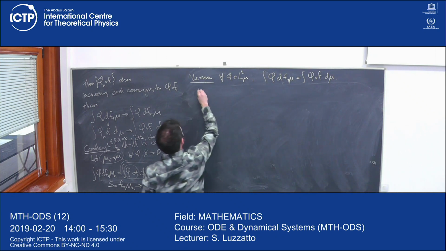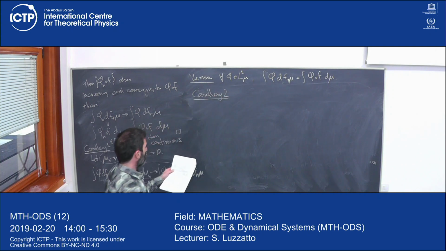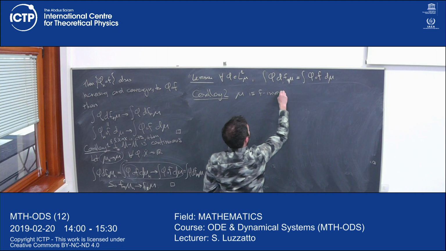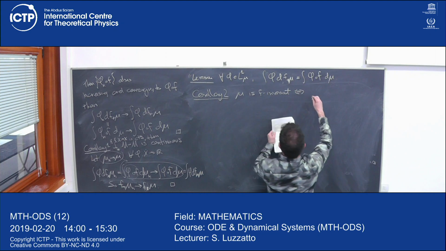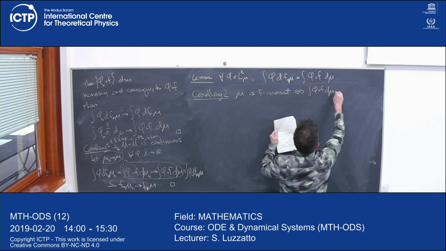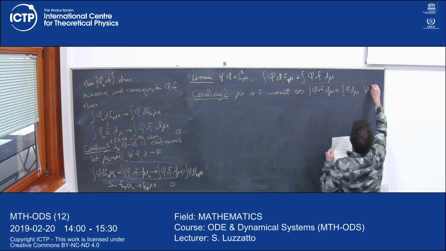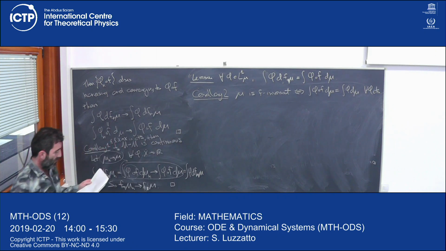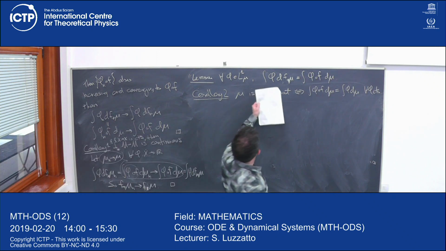Corollary 2: mu is f invariant if and only if the integral of phi composed with f d mu is equal to the integral of phi d mu, for phi continuous. This is almost obvious, but at least one direction is a trivial consequence of this, right?